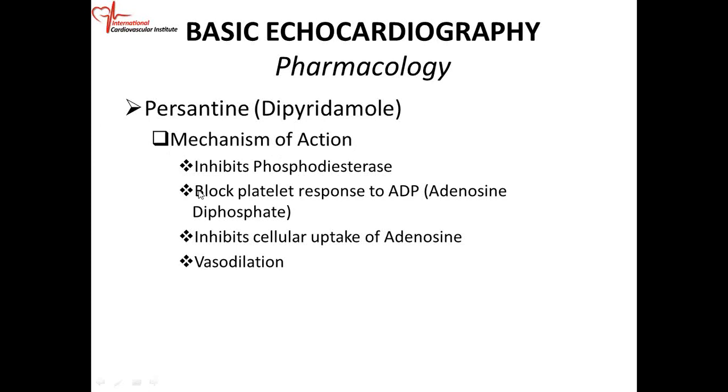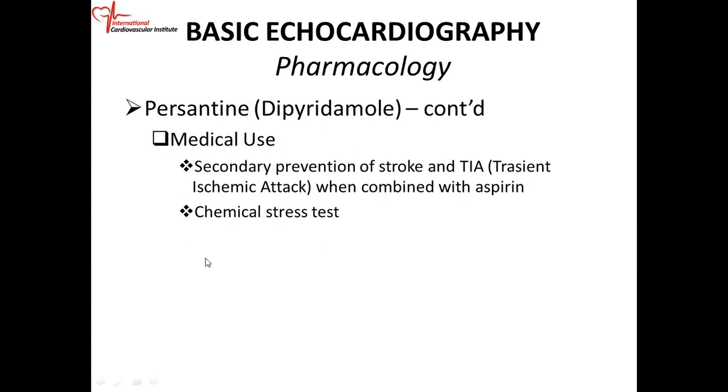Okay, so that's how it works. And you get a block of platelet response to ADP. But the important thing is that it inhibits the cellular uptake of adenosine. And as a result of that, you get a buildup of adenosine. Adenosine will cause vasodilatation.